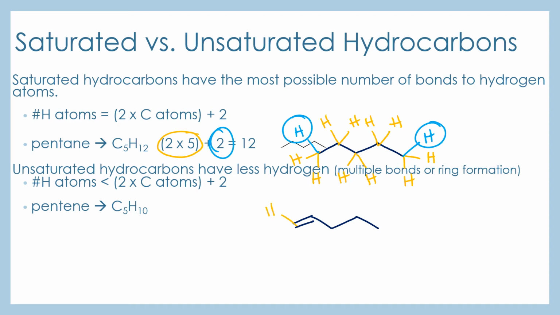So if we go through and put all of these hydrogens on here, there's only going to be 1 here. This is actually going to give us 10 hydrogens. And that's because this multiple bond here took away the spots of 2 hydrogens. So there are 10 hydrogens total in the structure.